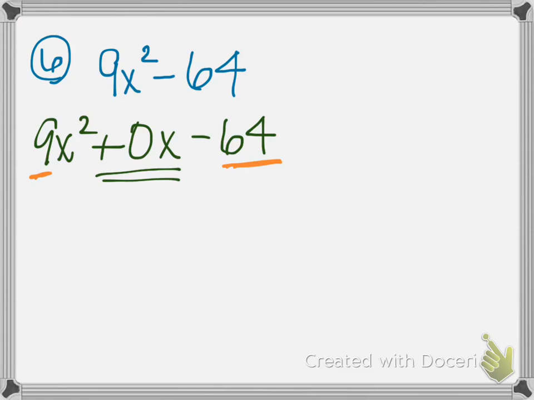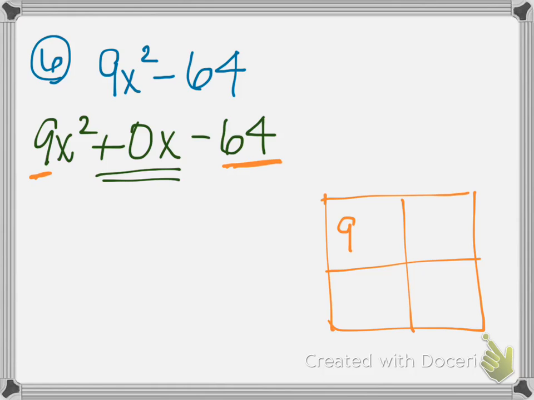So all I need to do is find out which two numbers multiply to give me 9x squared, and which two numbers multiply to give me negative 64. So if I just go straight to this area model, 9x squared, the same exact thing, 3x and 3x, and to make negative 64, 8 and 8, 8 times 8 is 64, make one of them negative.